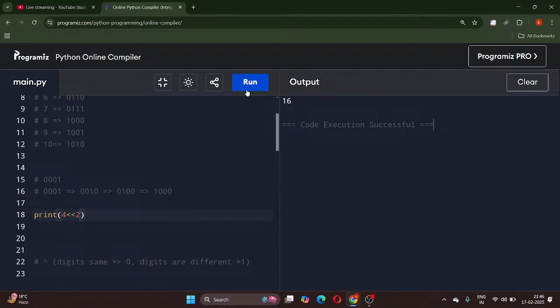So this is how it works. Left shift will basically always multiply the number by 2 as many times as you want, right? So it totally depends on how many digits you are shifting towards left. Based on that value, it is going to left shift your number. Is it clear?